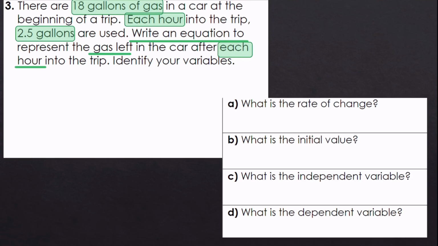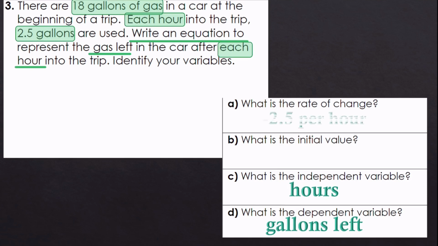So if we identify my dependent variable and independent, the independent is the number of hours, because that's what's changing. And then that's going to state how much gas is left in the tank. The longer you travel, the less gas there will be. So what's the rate of change? Well, the rate that it's changing is 2.5 per hour.